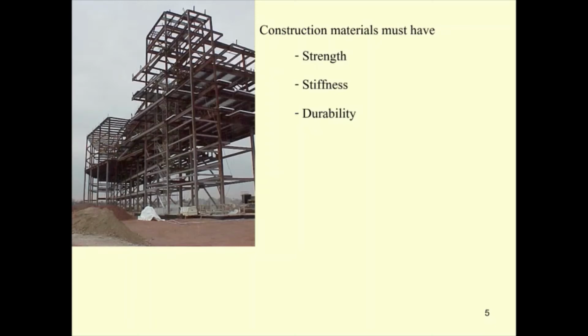Anyway, when you build a structure, small or tall or big or very large, you're going to consider three things. Your material that you use in the building must have enough strength. Okay, it won't produce any crack under the force, won't cause yielding under the loading.